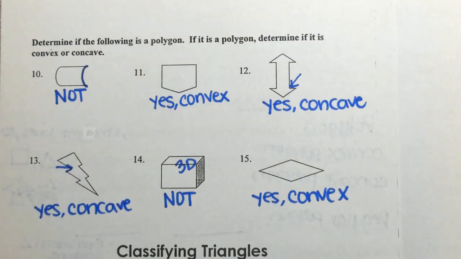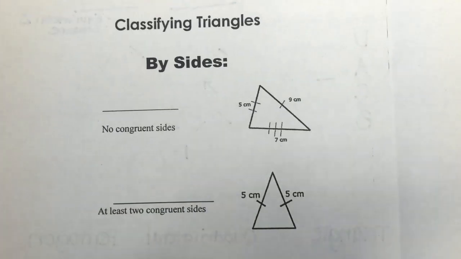Let me go really quickly, make sure I'm not skipping anything. We did that. All right. Now, I'm going to give you about 1 minute. I want you to read these definitions and see if you can write down any vocabulary words in the blanks where it says by sides and on the other side where it says by angles. I'll give you 1 minute.